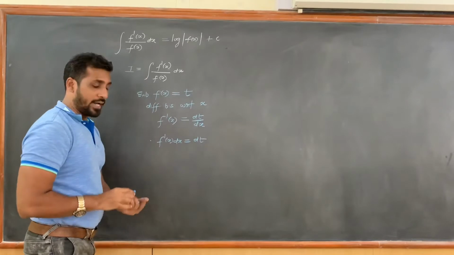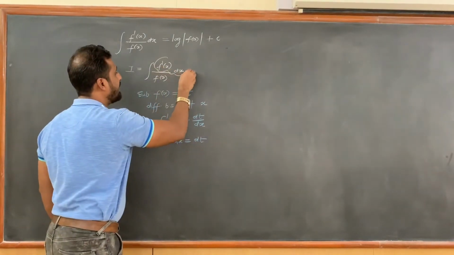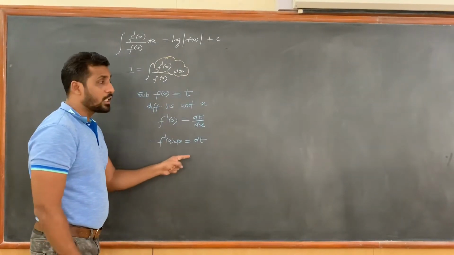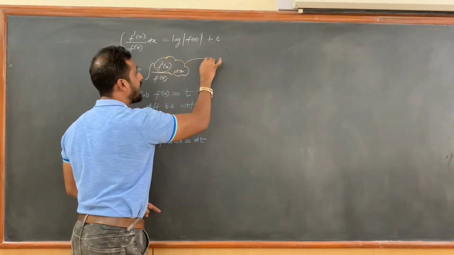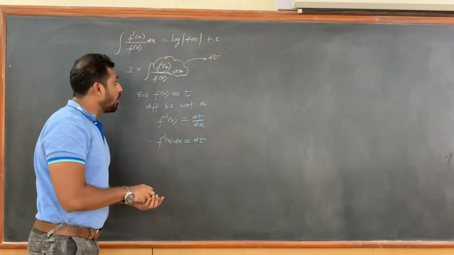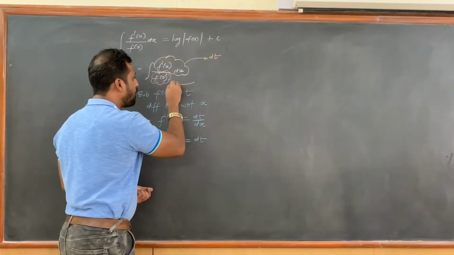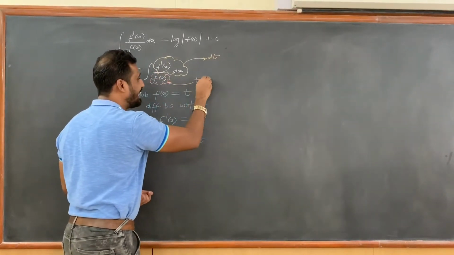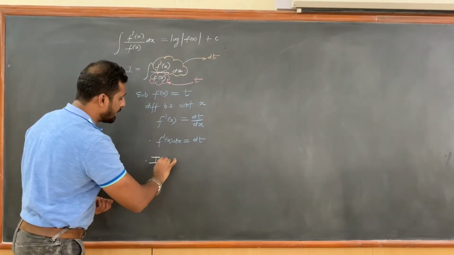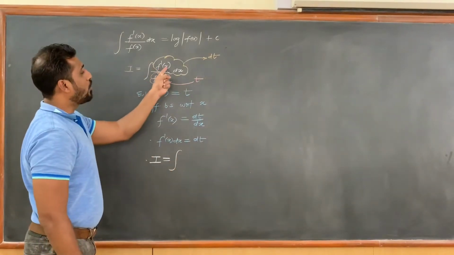So when I go back to my integral, if you observe the integral, you can see f1 of x dx here, isn't it? So this f1 of x dx can now be substituted as dt, isn't it? And our denominator, which is f of x, for f of x we have taken the substitution as t. That means the integral can now be written as I is equal to integration of f1 of x dx.